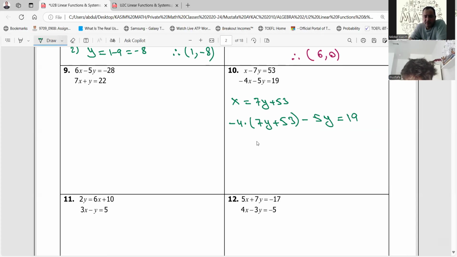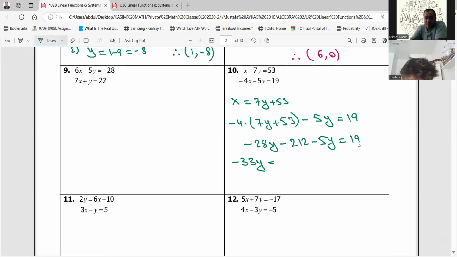Negative 4 times 7, negative 28y, minus 4 times 53, 212, minus 5y is equal to 19. What is negative 28 minus 5? Negative 33. So negative 33y equals 19 plus 212, move 212 to the right-hand side, it will be positive.